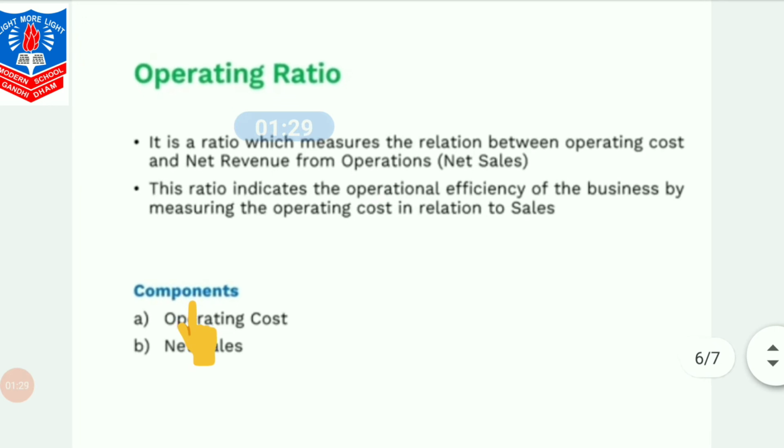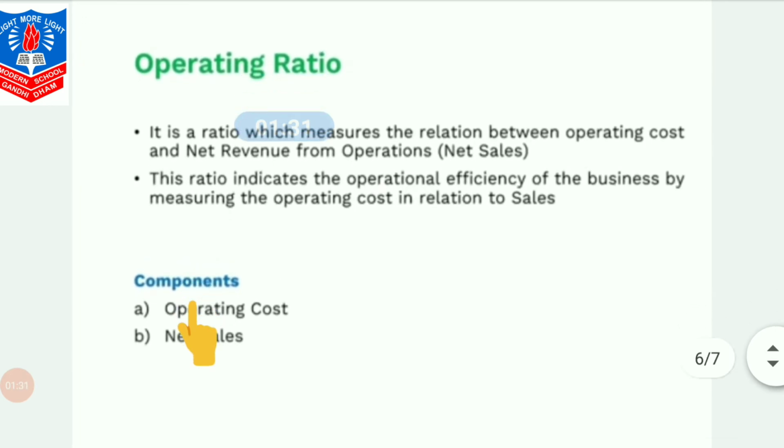Let us understand this concept now. What we are trying to say? It is the ratio which measures the relationship between operating cost and net revenue from operations, that is sales. We will say this ratio indicates the operational efficiency of the firm. How the firm works, how efficient the operations are compared to sales. Cost of operation compared to sales is found out. Again, it has only 2 components, operating cost and net sales.